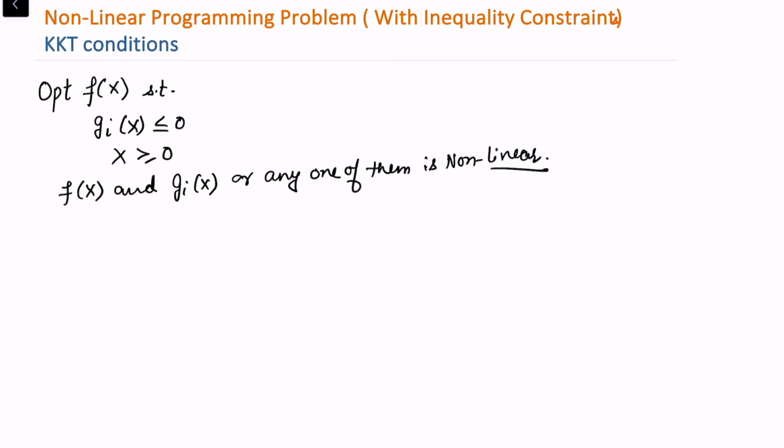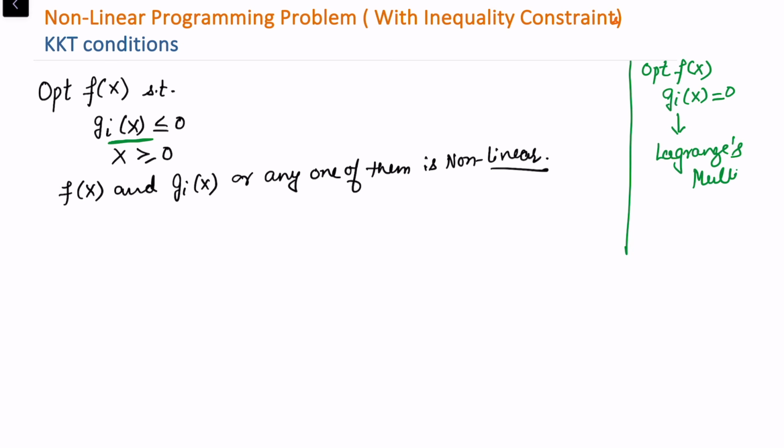Now if the constraints g_i(x) are equalities, so the problem is to find the maxima or minima of the objective function with equal-sign constraints, then I apply a method which we call the Lagrange multiplier method. I have already covered this in the last videos, link added in the description.